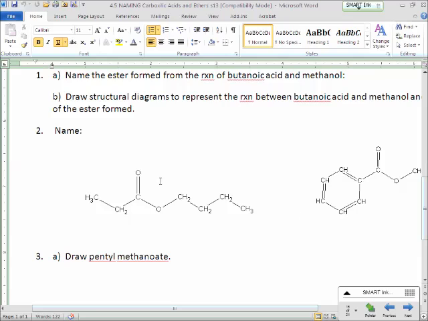If I give you a molecule like this and you've got to name it, you've got to spot that functional group. Right there, there's that carboxyl group. That's going to tell you this is an ester. That means you've got to cut it in half, so that the carboxyl group is with the acid side and the alkyl group is with what was the alcohol side.